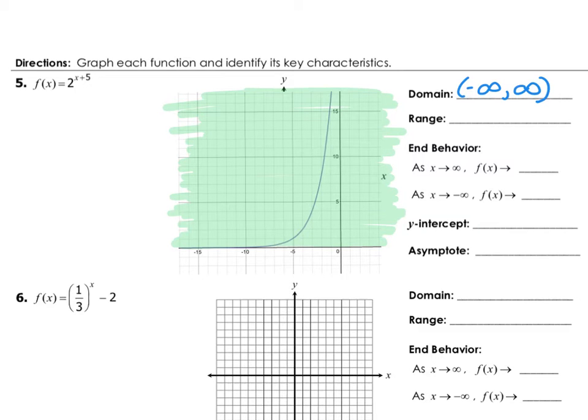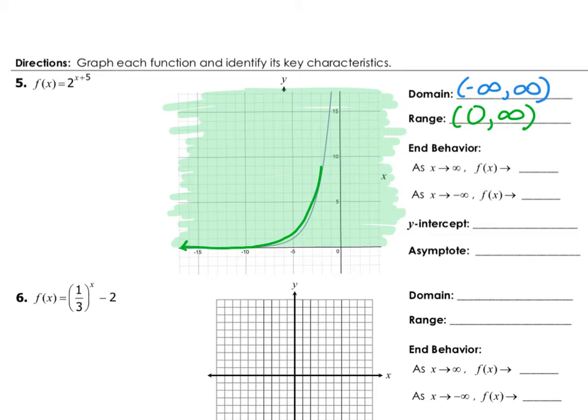So we start this at a y of 0, and it continues up to positive infinity. And the reason we don't put a bracket on the range at the 0 is because this graph is going to approach the x-axis, but it's never actually going to touch it, and it's never actually going to intersect it.